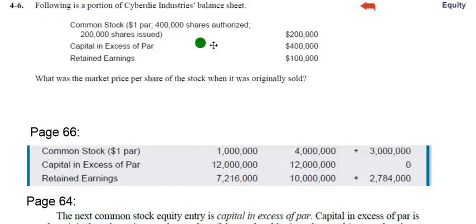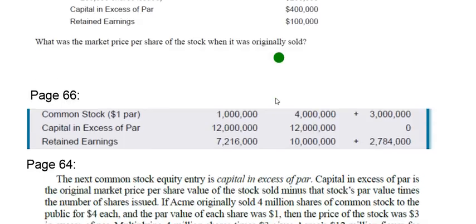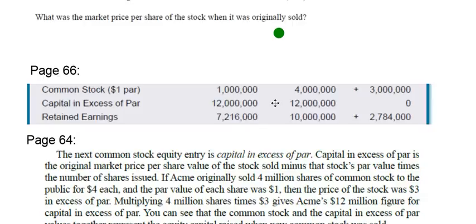And what we're given here is the number of shares authorized, but more importantly, the number of shares that were issued, the par value, which is $1, and then the capital over par, or the capital in excess of the par value. And they're asking us to calculate what was the market price per share of the stock when it was originally sold. Okay, well, in order to understand how all this works, let's just look at the one in the book first, and then we'll come back to our problem.